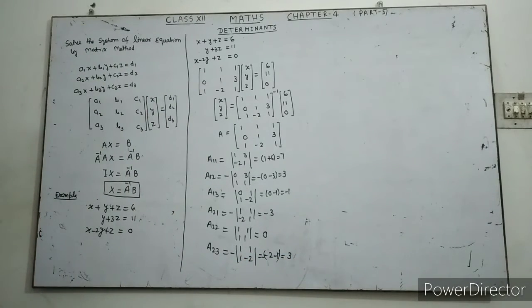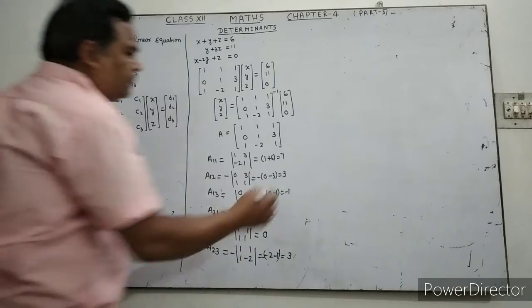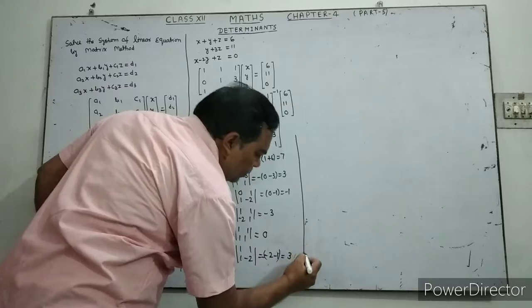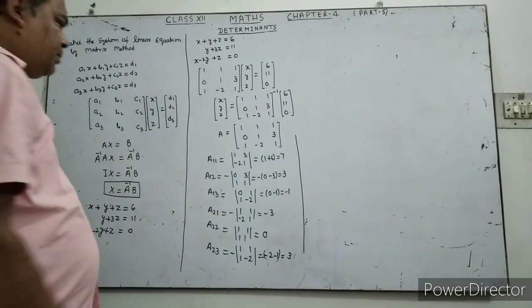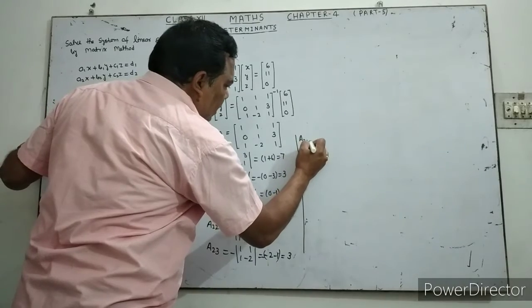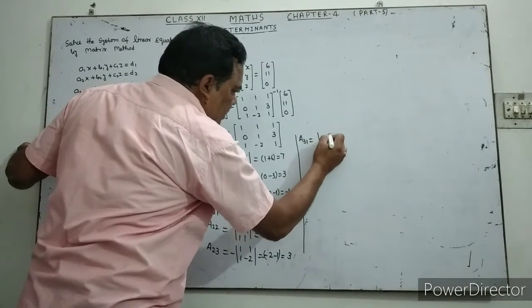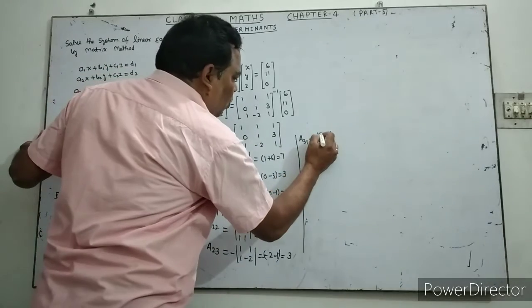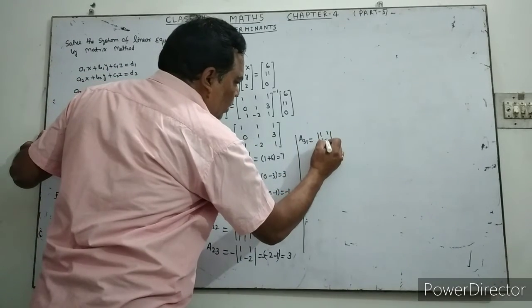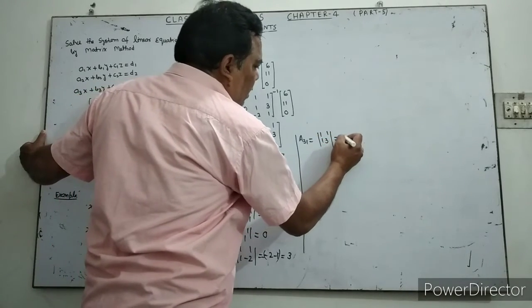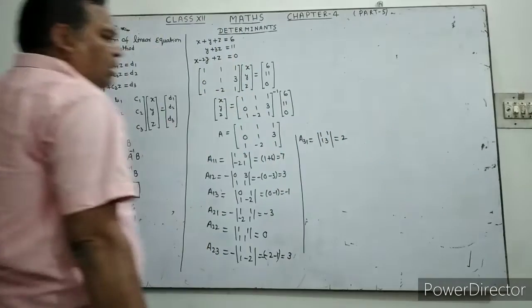Now you come to A31, plus. Forget this row, this column. 1, 1, 1, 3. This is 3 minus 1, which is 2. 3 minus 4.